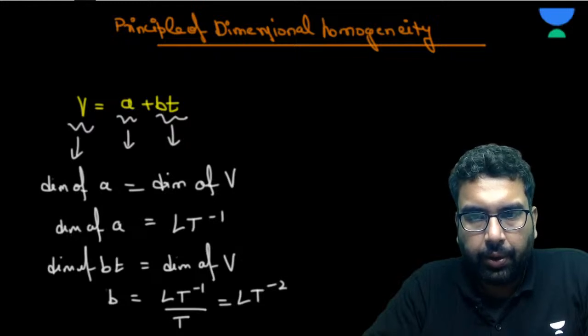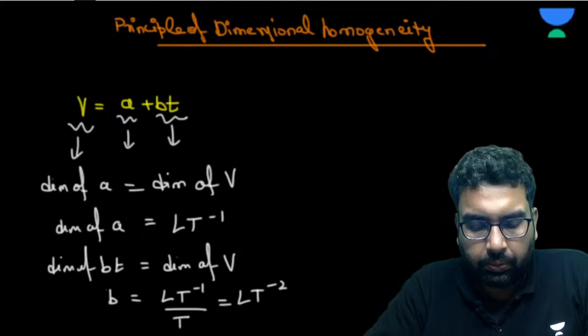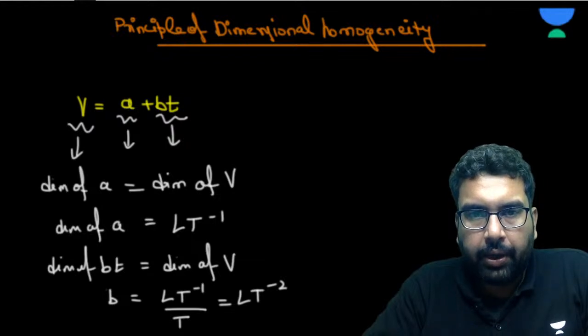Is it understood or not? All the live students, please answer me. So what could be a? It has a dimension of LT minus 1.